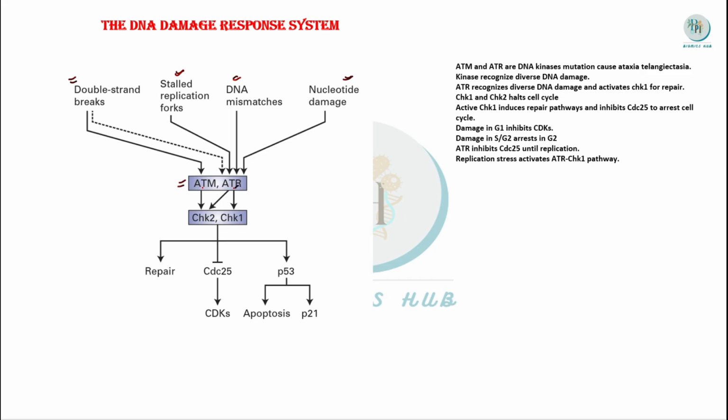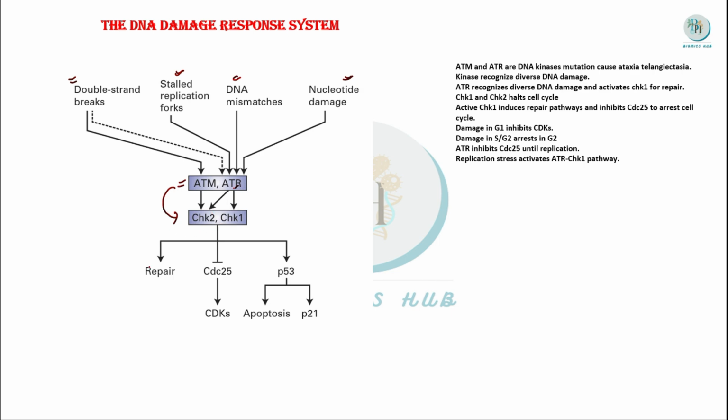ATM is specifically activated when there is a double-stranded break, and ATR is activated when there is a single-stranded break. These further activate other kinases, CHK2 and CHK1. ATM activates CHK2, and ATR activates both CHK2 as well as CHK1.